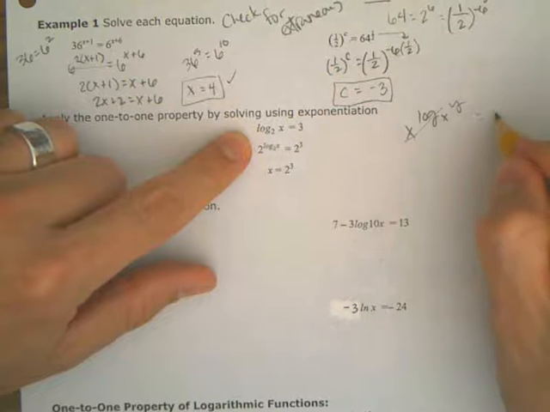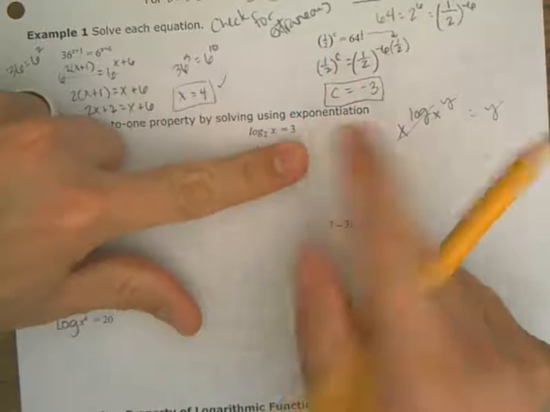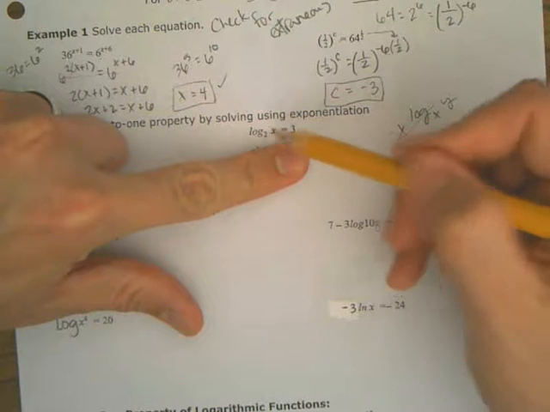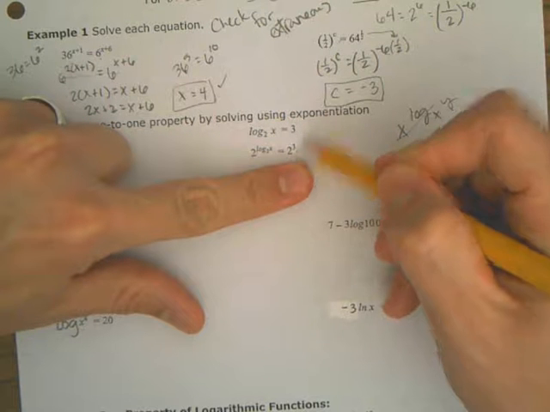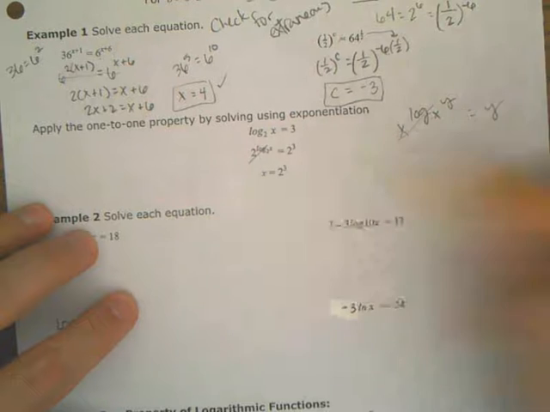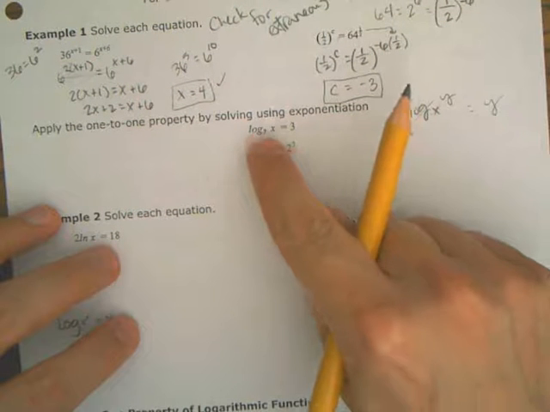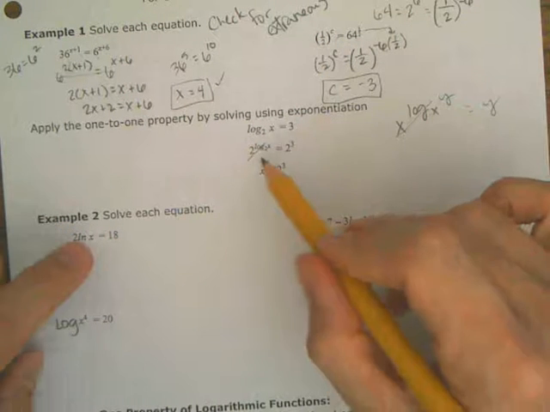So if I say, well, I've got log base 2 of x equals 3, then I raise this side to a 2, and that piece goes away, leaving me with x equals 2 to the third. Cool? So if I have a log or a natural log, because I know I could put an e there for natural log, you raise it to whatever the base of the log is, and then those pieces kind of go away.